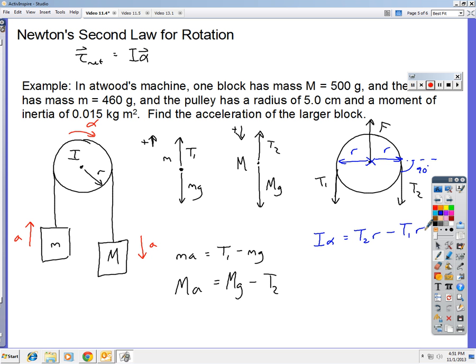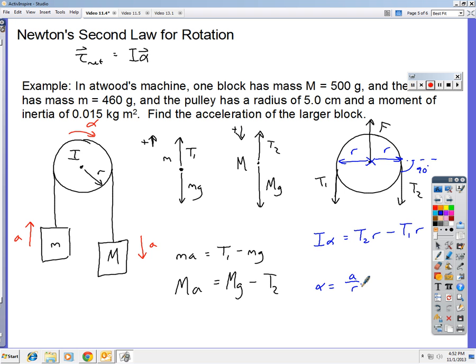And so now we have three equations with God only knows how many unknowns. But the big thing we want to do right now is relate alpha to A. That's important. But we know that alpha equals A over R, the relationship between the linear variables and the rotational ones.